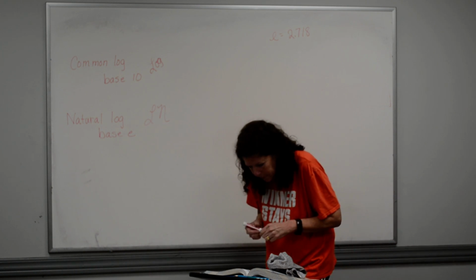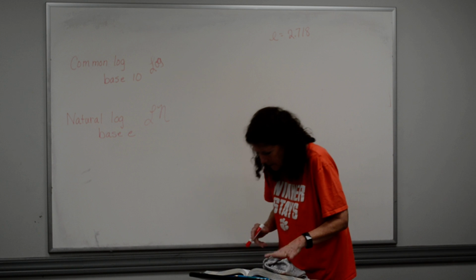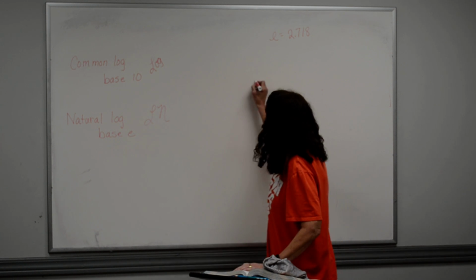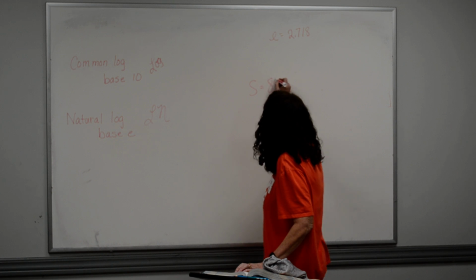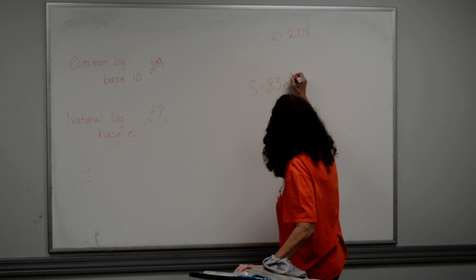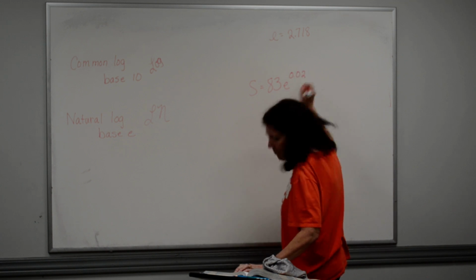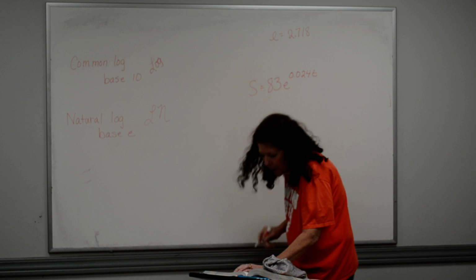Okay, use the formula. Now this is the formula that was over on the other page for the post office thing. S is equal to, so that's the stamps are equal to 83 E raised to the 0.0224 times T power.